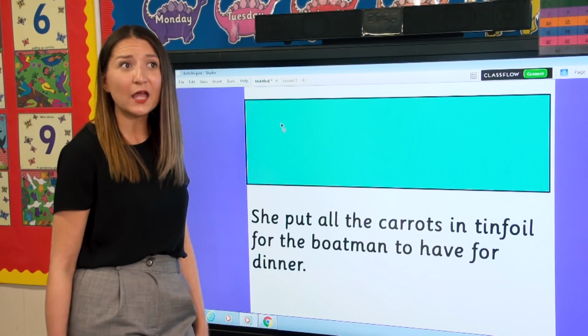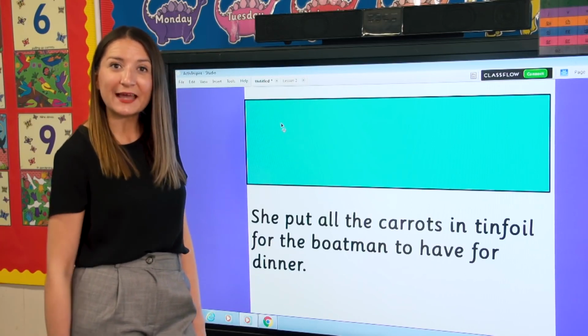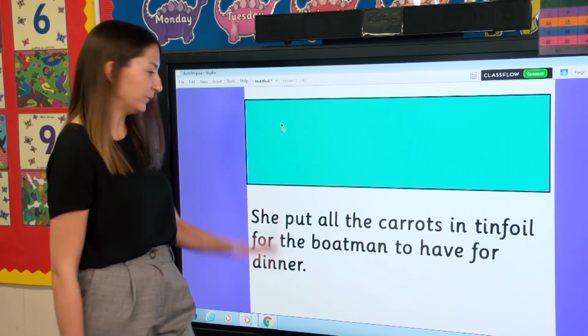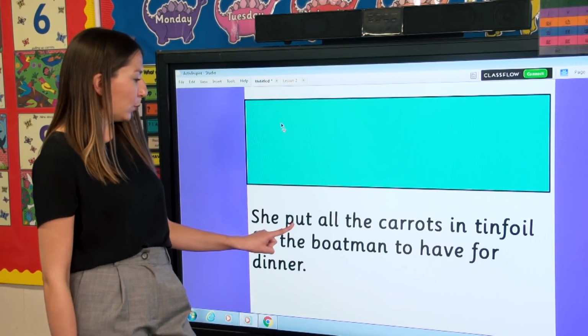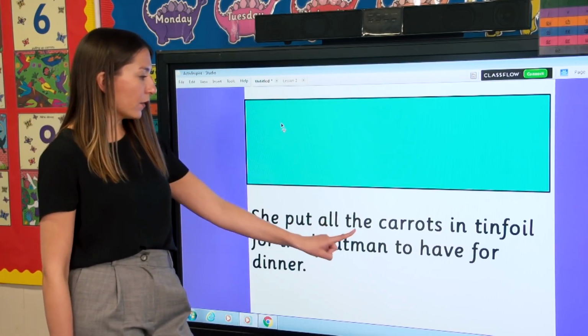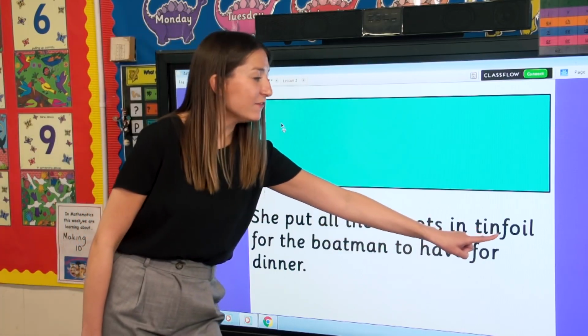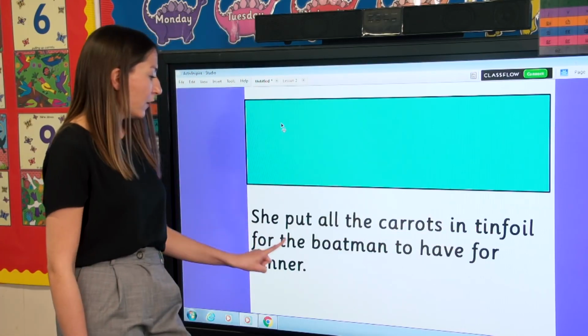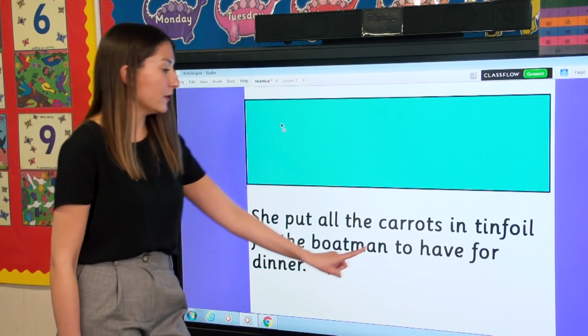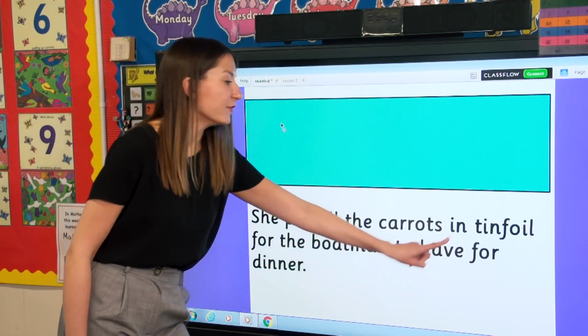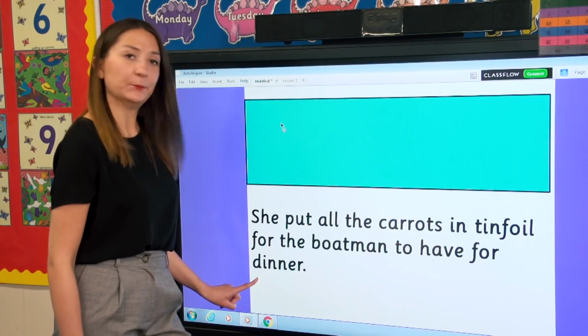Excellent reading. Another long sentence. Now, let's read the sentence together. She put all the carrots in tinfoil for the boatman to have for dinner.